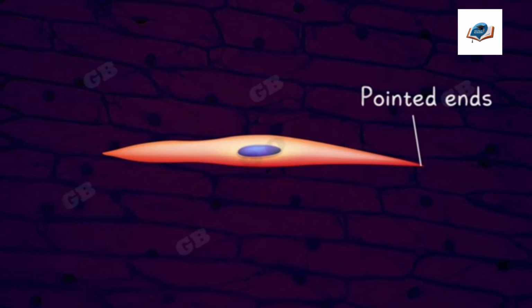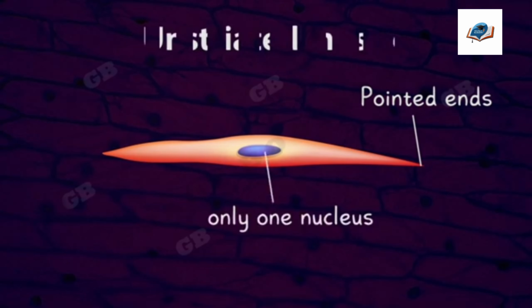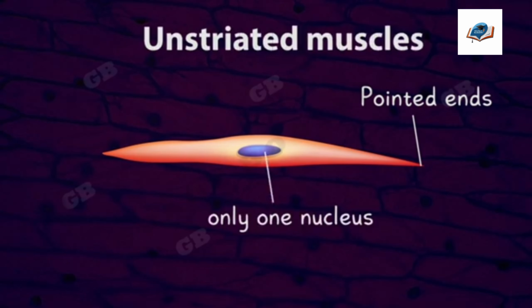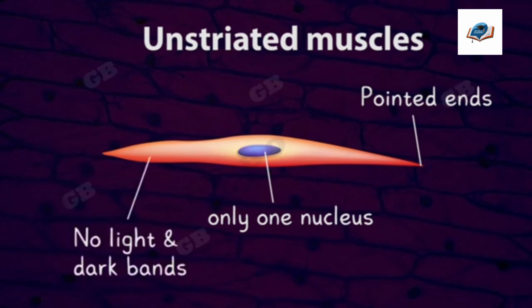The cells of involuntary muscles are long with pointed ends, giving them a spindle shape. These cells are uninucleated, meaning each cell contains one nucleus. Unlike voluntary muscles, involuntary muscles do not have dark and light bands. Therefore, they are also called unstriated muscles or smooth muscles.